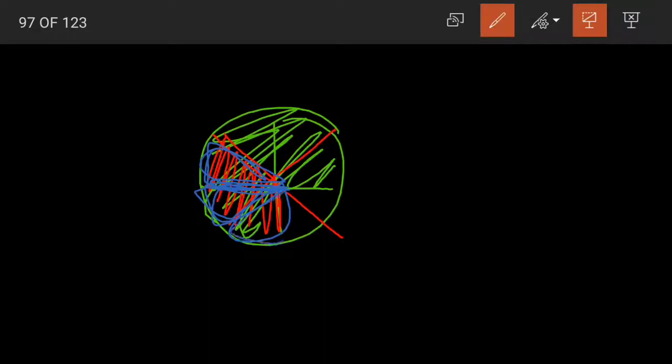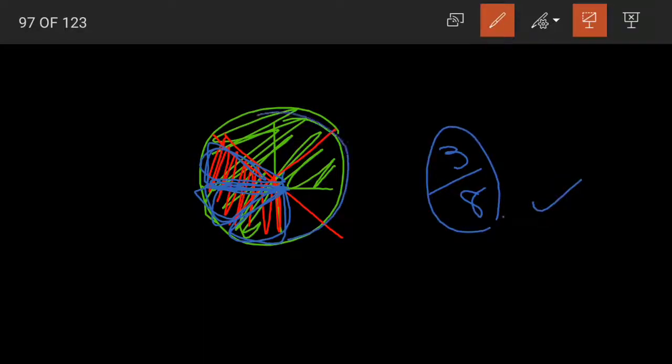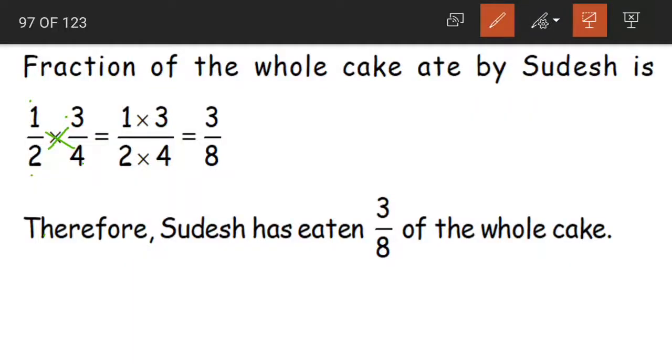So only 3 out of 8 parts. Sudesh ate 3 by 8 of the whole cake. But when we look at only 3 by 4, Sudesh ate only half of this. But when we look from the whole cake point of view, Sudesh ate 3 by 8 of the whole cake.